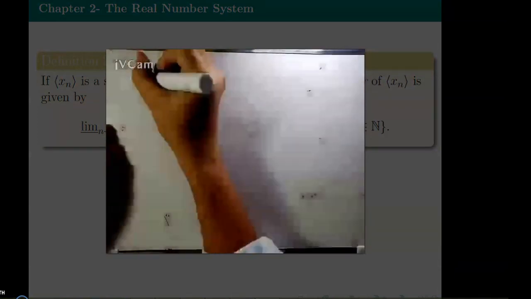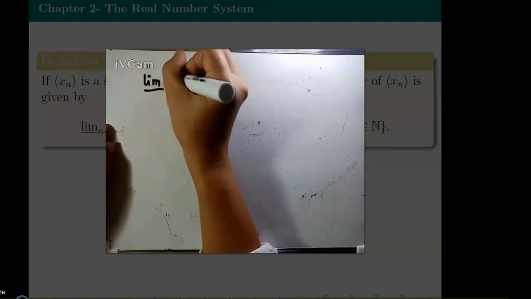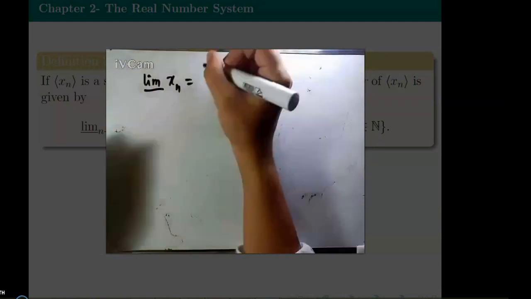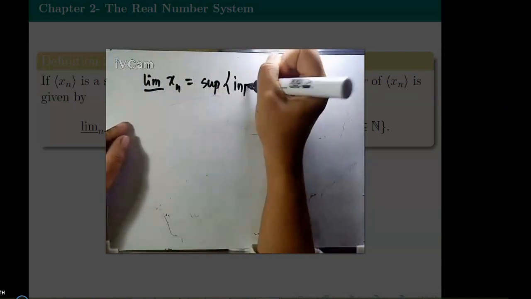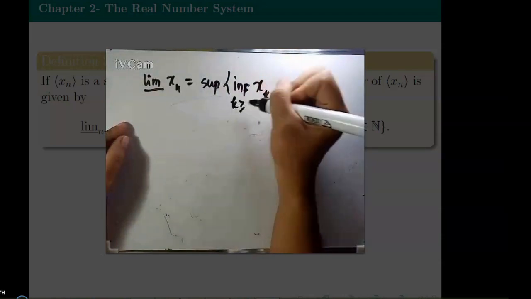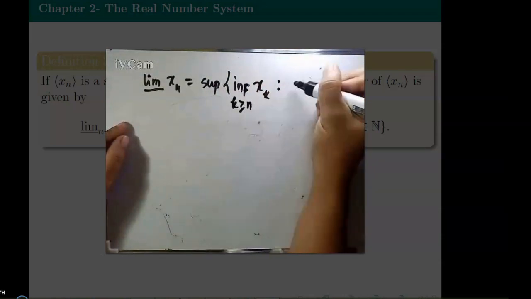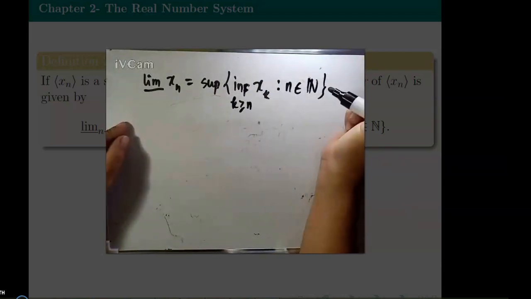So here, the symbol lim inf x sub n is equal to the supremum of the infimum of x sub k, where k is greater than or equal to n, such that n is a natural number.